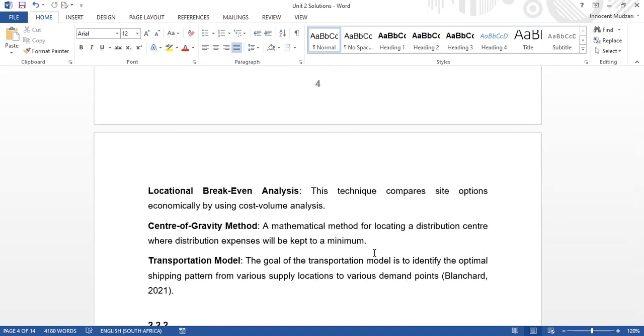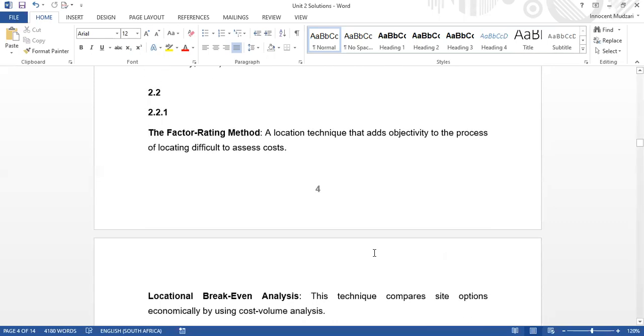This is a mathematical method for locating a distribution center where distribution expenses will be kept to a minimum. And then lastly, the fourth one, we have the transportation model. The goal of the transportation model is to identify the optimal shipping pattern from various supply locations to various demand points. So these are the 4 methods or techniques that can be used to evaluate alternative sites across North America.